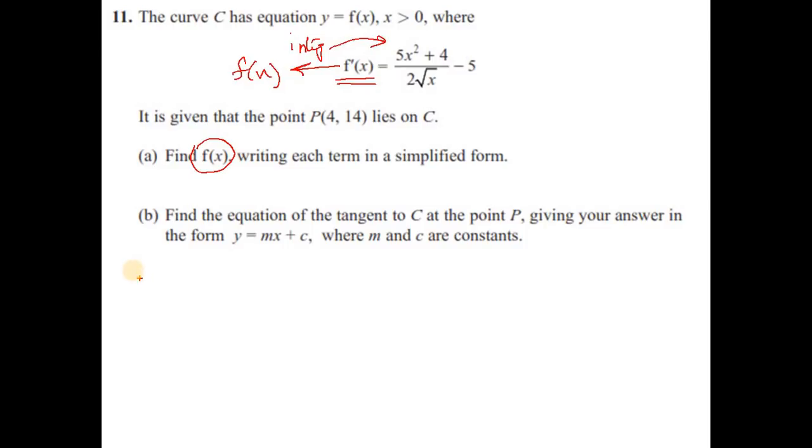So basically f of x is the integral of (5x squared plus 4) over (2 root x) minus 5, dx.